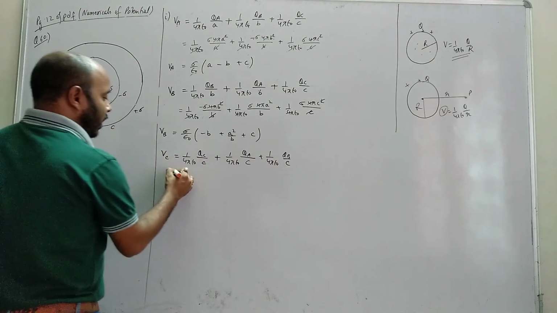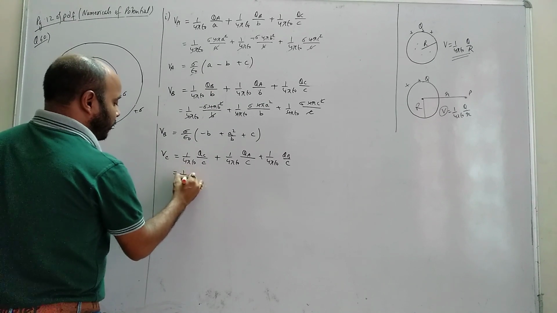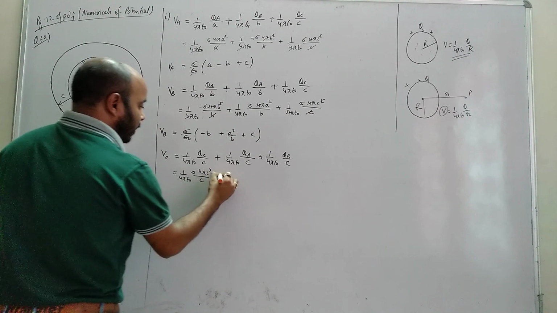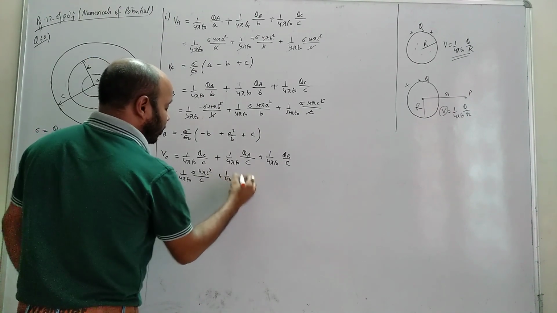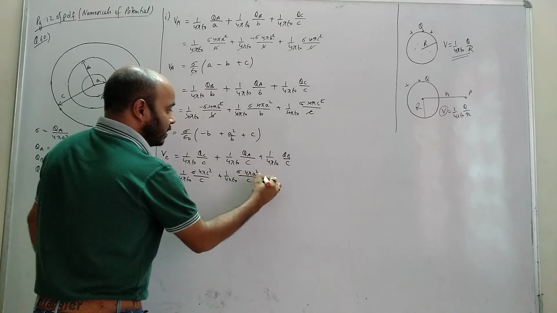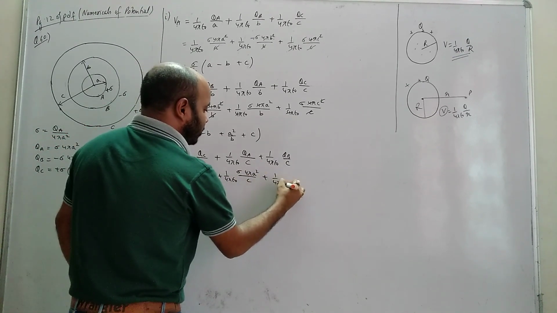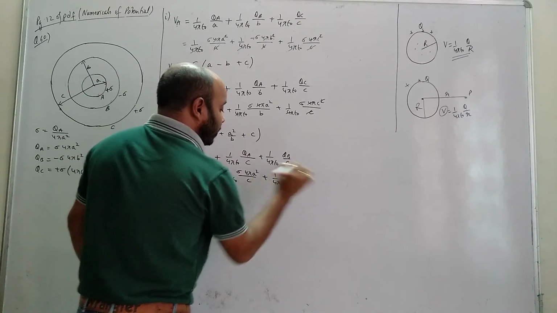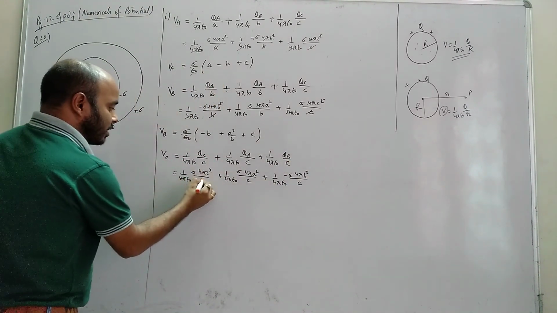Okay. Now again you can put the formula: 1 by 4 pi epsilon QC, sigma into 4 pi C square by C, plus 1 by 4 pi epsilon, what is QA? Sigma into 4 pi A square by C, plus 1 by 4 pi epsilon, minus sigma into 4 pi B square by C. Okay. Now see again 4 pi will cancel out. C is cancelling out.